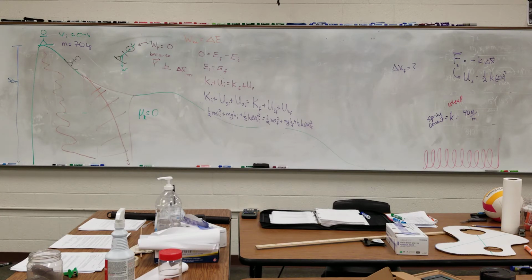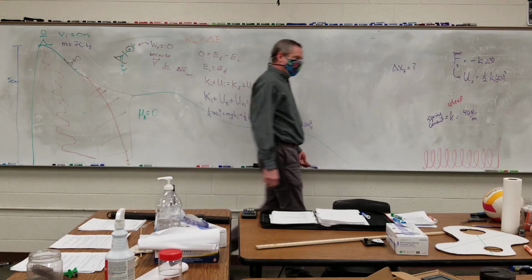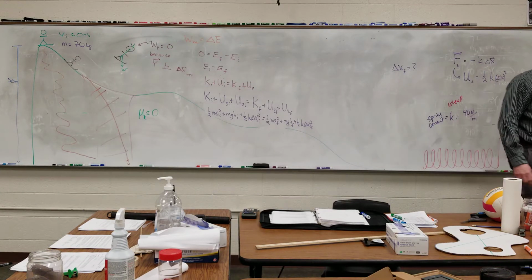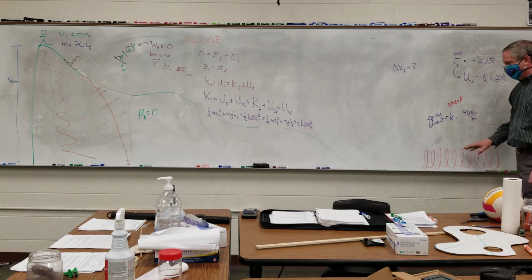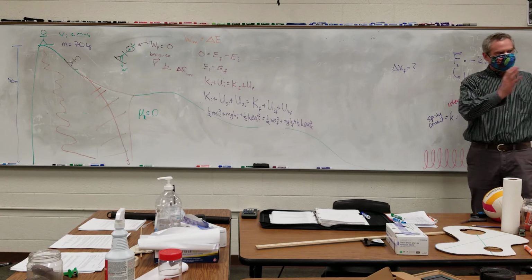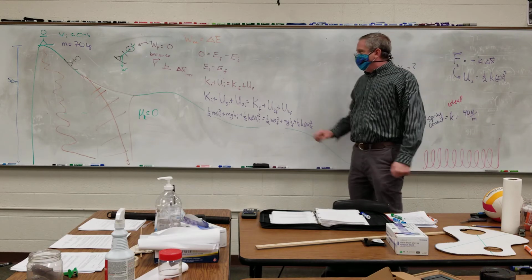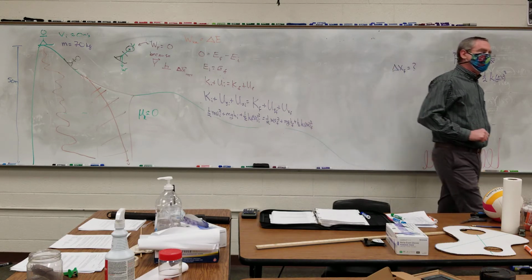Again, as you get more comfortable, there are a whole bunch of these steps that can be skipped, but until you're there, please go. So the problem starts with him up there, it ends with the spring compressed, whatever that maximum compression is. What is equal to 0?